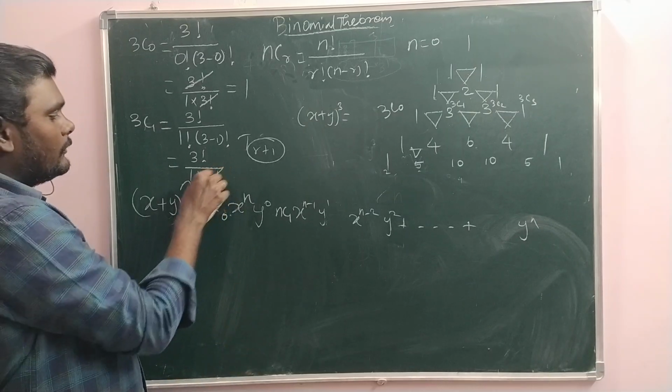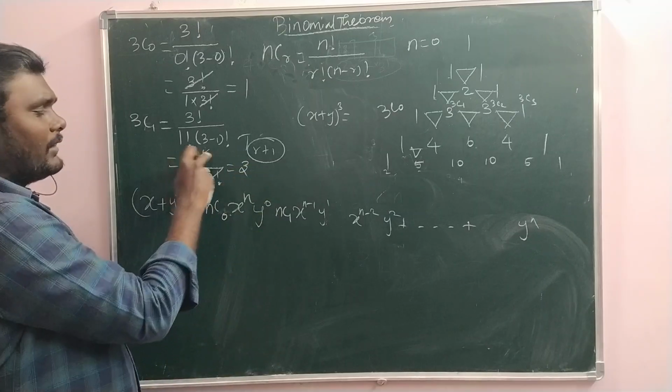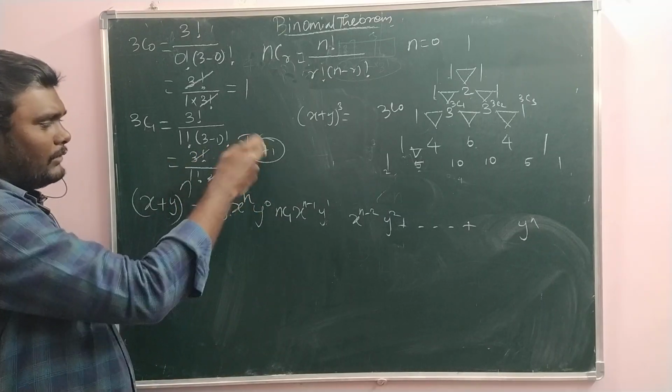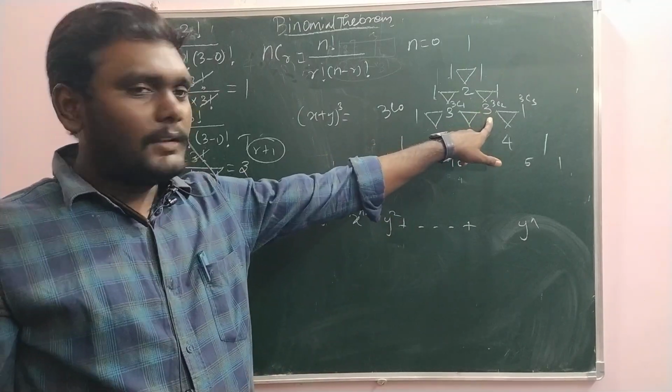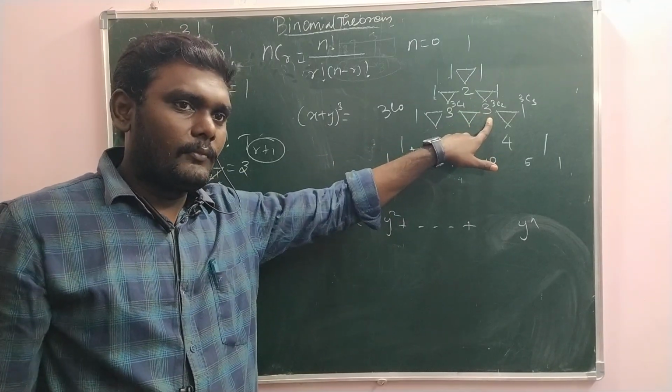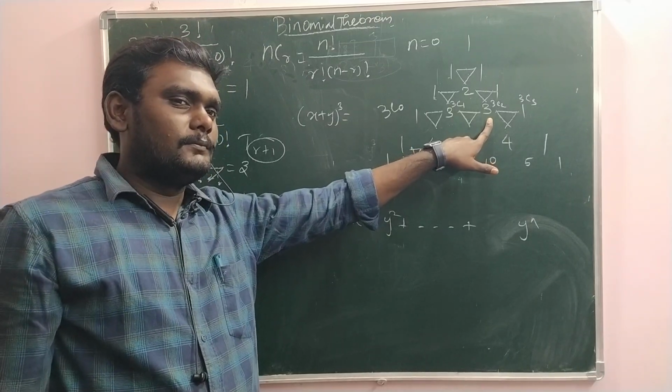So this 2 factorial and 3 factorial will get cancelled. We will get 3 as the answer. Or we can expand 3 into 2 into 1, where 2 into 1 cancels, leaving 3. Can you guess what 3C2 is? In place of r we are substituting 2.